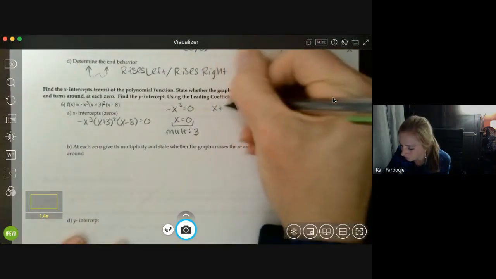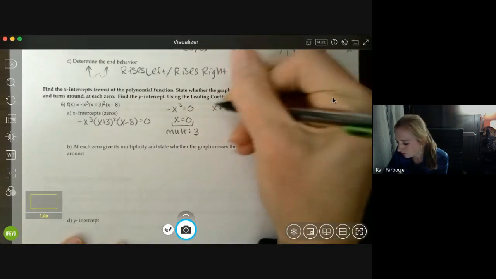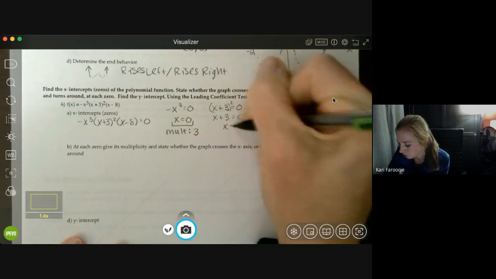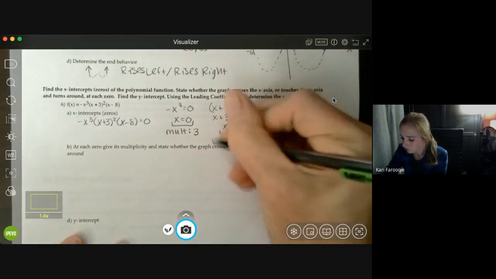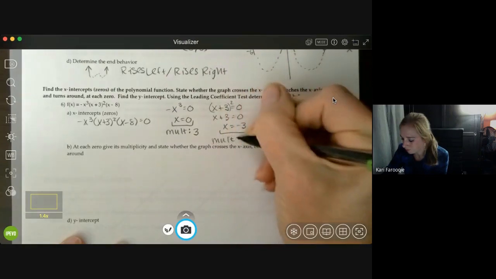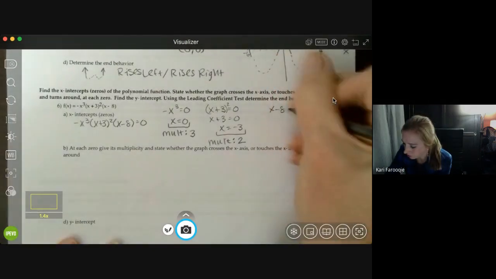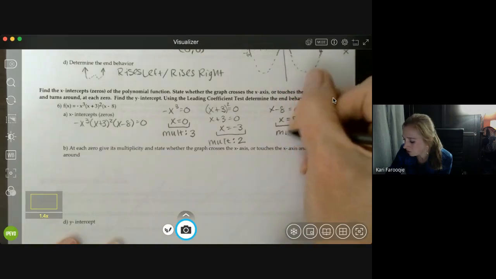And we have x plus 3 equals 0. If you want to include the square on it, fine. It's not really needed. I'll just include an additional step. But now you can kind of see where that multiplicity comes from. Multiplicity of 2. And then the other one is x minus 8 equals 0. x equals 8 will have a multiplicity of 1.